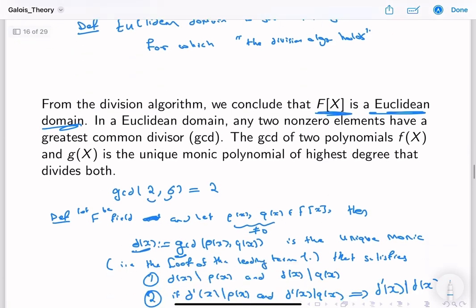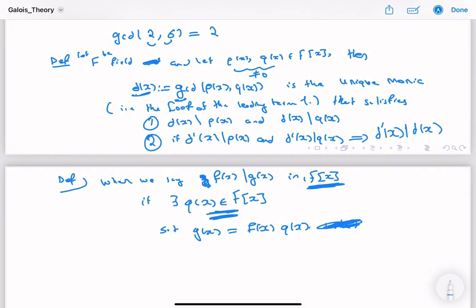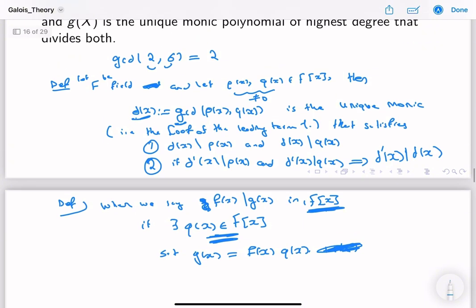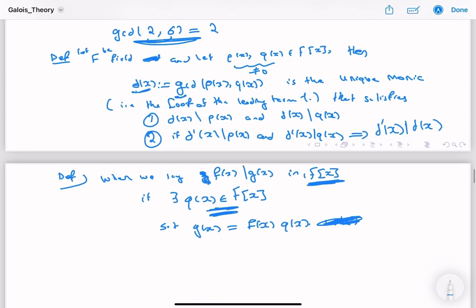So I remind you the way one might prove the existence of a GCD for integers, for example. If we're talking about integers, one way of arguing for the existence is to use the so-called extended division algorithm.